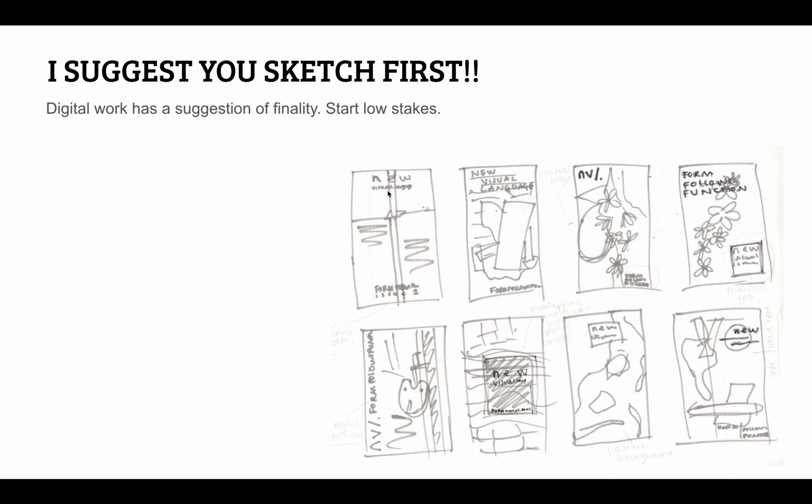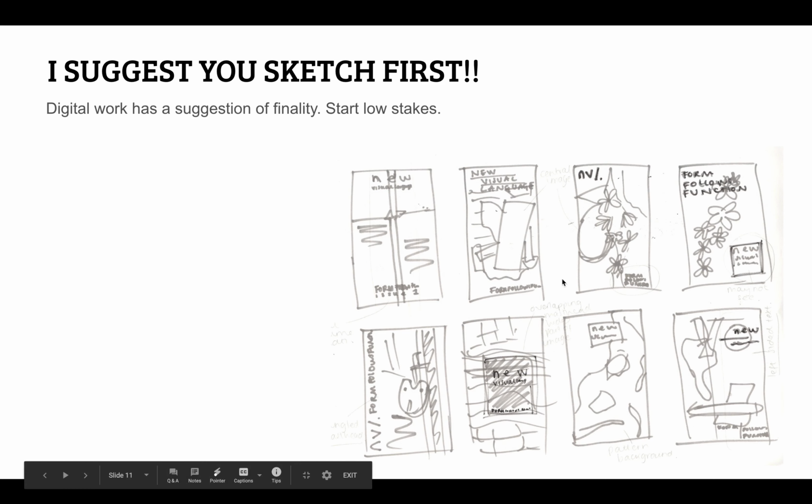So again, I suggest that you sketch first, and the reason for that is that sketches are so low stakes, right? Once you get on the computer, you kind of get stuck on, oh, I already knocked this out, so I'm going to use this thing. And it may not work. So I would highly recommend that. They don't have to be very good sketches, as you see by this right here that I grabbed.